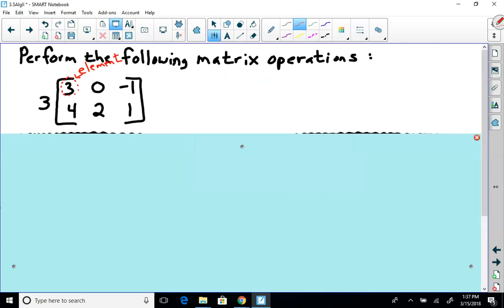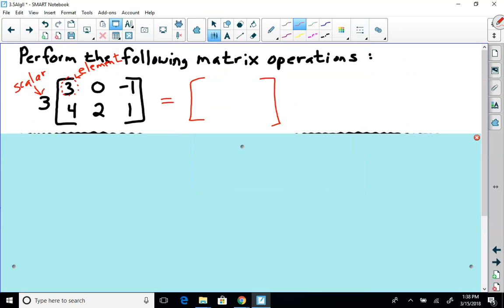When you have a number out in front of a matrix, as in this first example, that's called a scalar. So in this example, we're taking a scalar of 3 times this matrix. And to do that, it would be very much common sense. You would take the scalar times each individual element.